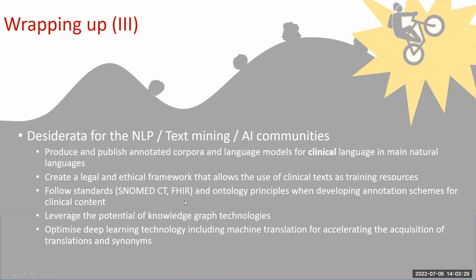Then, follow standards and ontology principles when developing annotation schemes for clinical content. Compared to what has been done in the past, which often used categories that were not very principled, making a distinction between sign, symptom, disorder and diagnosis, often with very fuzzy boundaries, it is important to follow those standards also for the annotation schemes.